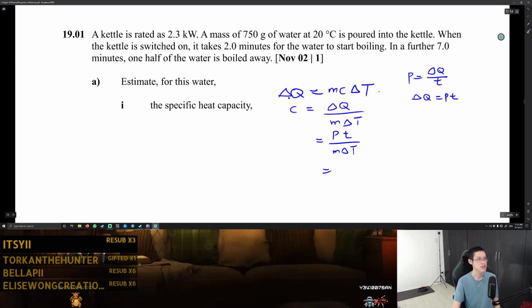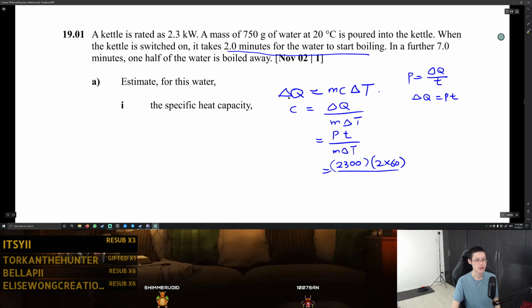So P is going to be the power, which is 2,300 watts. The time taken is about 2 minutes for it to start boiling. So that would be 2 times 60. The mass of the water that you are boiling is 0.75 kilograms. And the change in temperature for it to boil, you're going from 20 degrees Celsius to boiling temperature, which means it's 80, right?